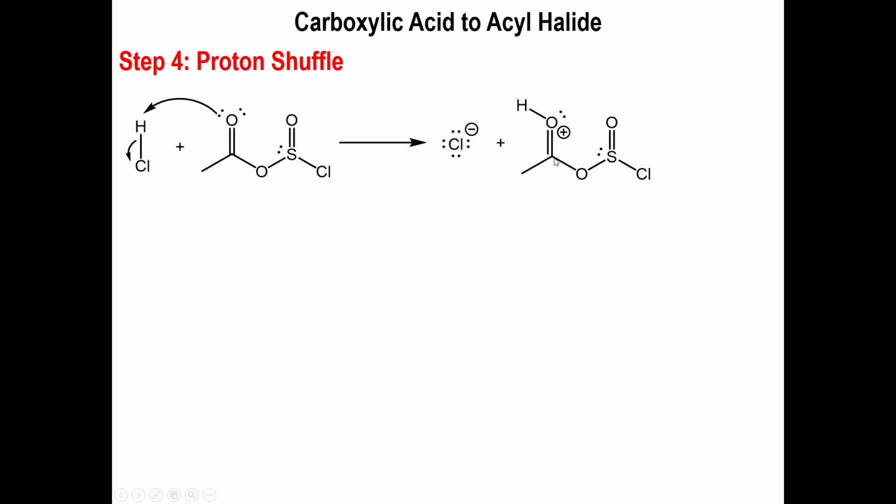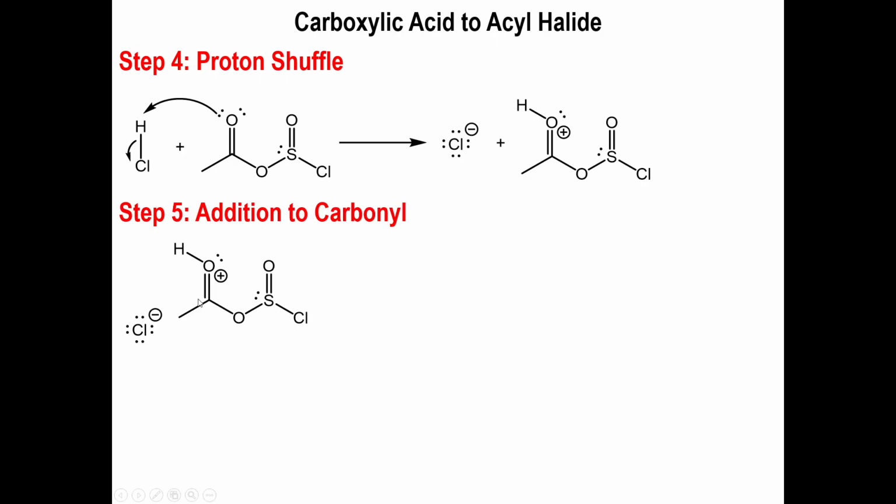You have technically a good leaving group here on the right side, and then you got this oxonium cation to really emphasize the idea that yes, this carbon is waiting for nucleophiles to attack. So the chloride wastes no time to abide by that request, right?